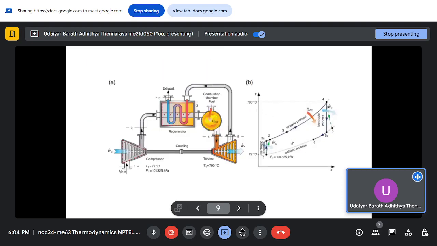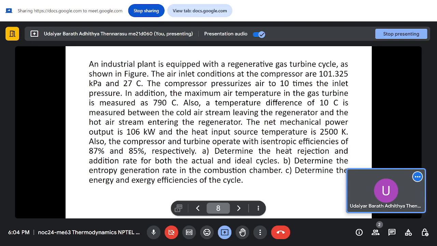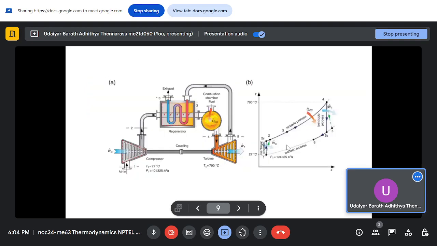So you have the compressor inlet, and it will compress the fluid from 1 to 2. Ideally it should be an isentropic process, which is 2s, but that doesn't happen.